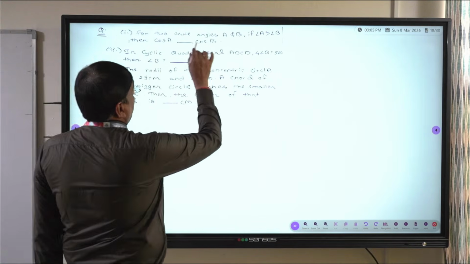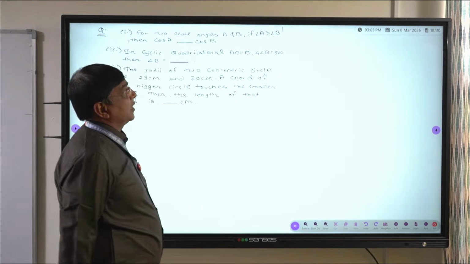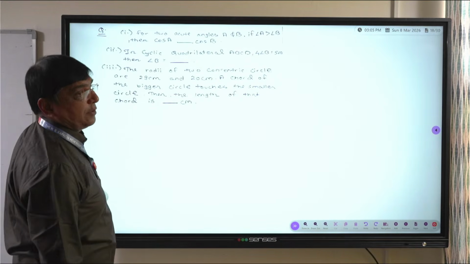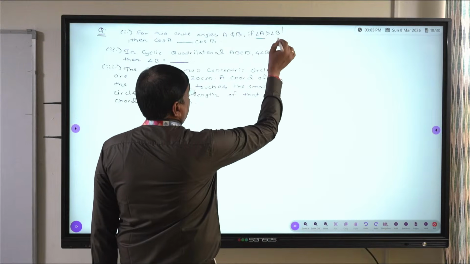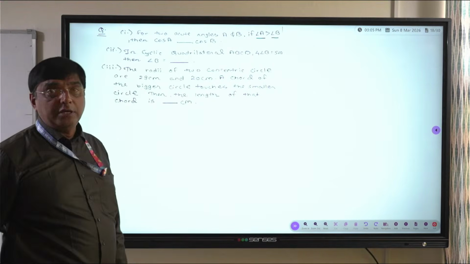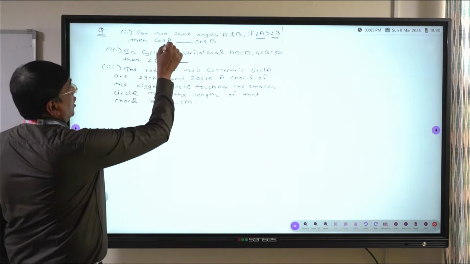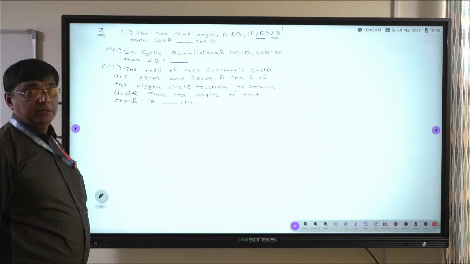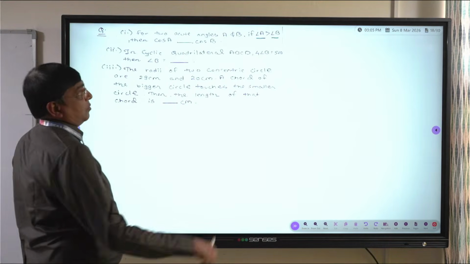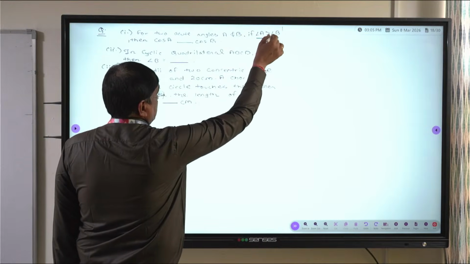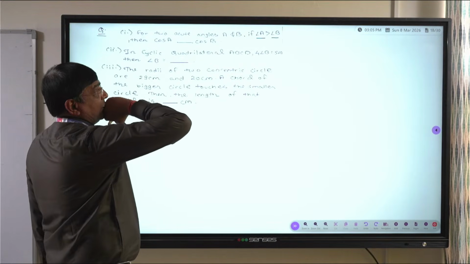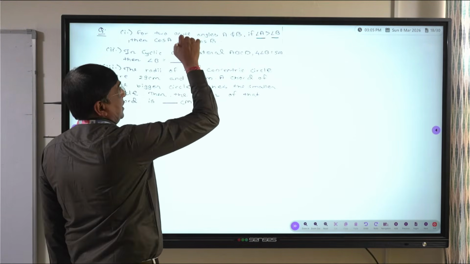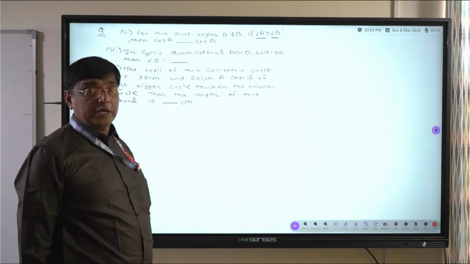Now for two acute angles A and B, if angle A is greater than angle B, then cos A dash cos B. If A is greater than B, will your answer be greater, less, or equal? That we have to decide.